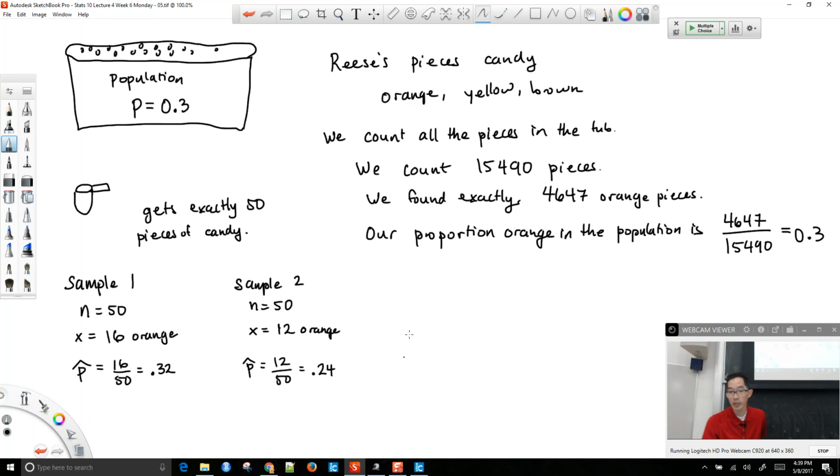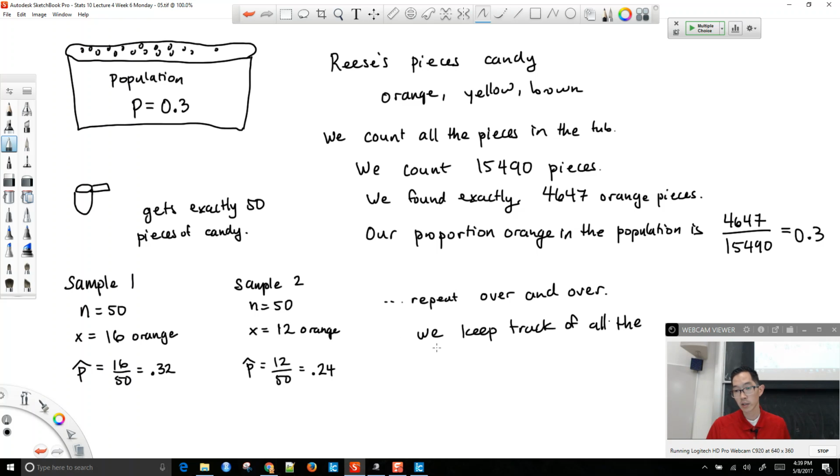Then I repeat over and over again. Every time I take a scoop of 50 and count how many orange pieces I get, we keep track of all the values of p hat we see.